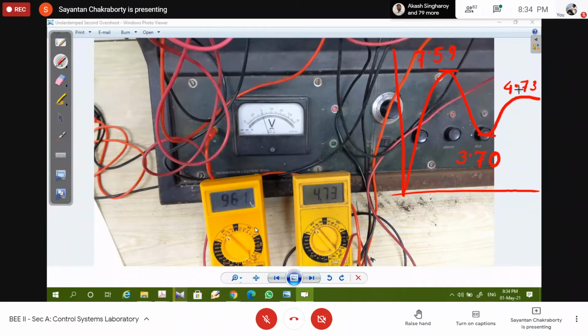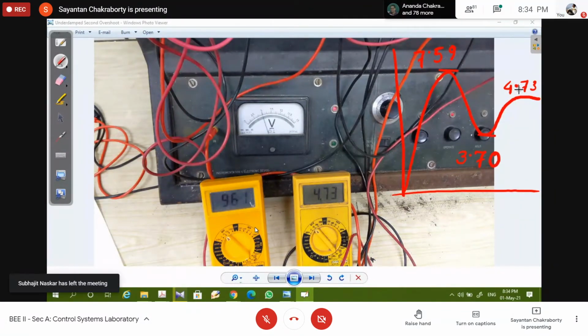Okay. So these are the different points that we have calculated. Now, I guess you have the idea that if I provide you with this data, 7.59 and 4.73 at the corresponding time, then you can obviously calculate the corresponding damping ratio and omega n, zeta and omega n, right?